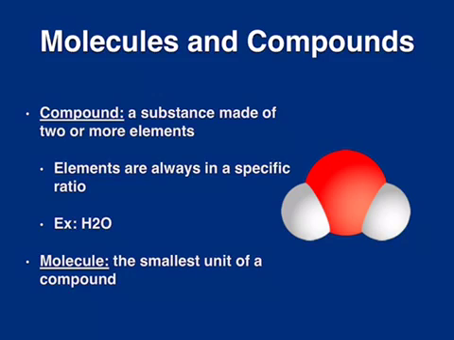Atoms can come together and make compounds. A compound is a substance made of 2 or more elements, and they'll always combine in the same ratio. For example, water, H2O, is always made up of 2 hydrogen atoms and 1 oxygen atom.